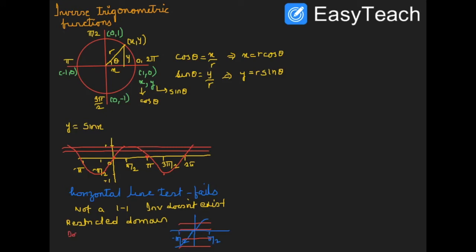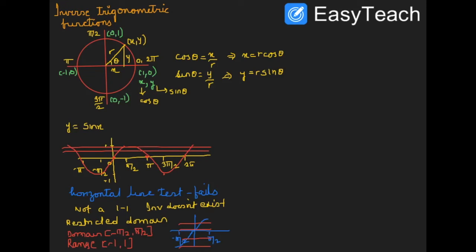Domain is the value of x, which is minus pi by 2 to pi by 2, and range is the value of y, which is, let me write it properly, minus 1 to 1. Domain is the value of x and range is the value of y.